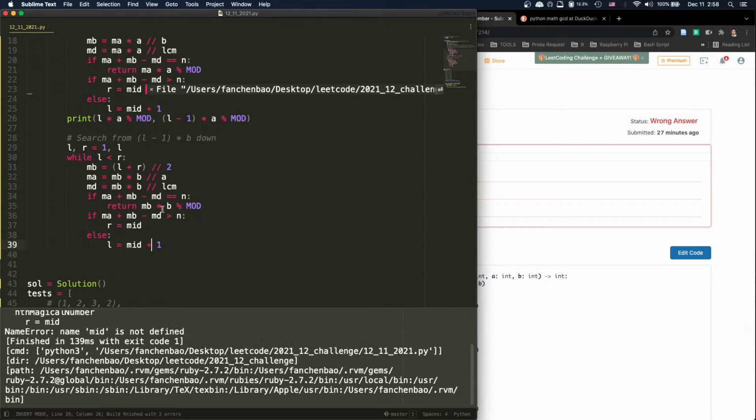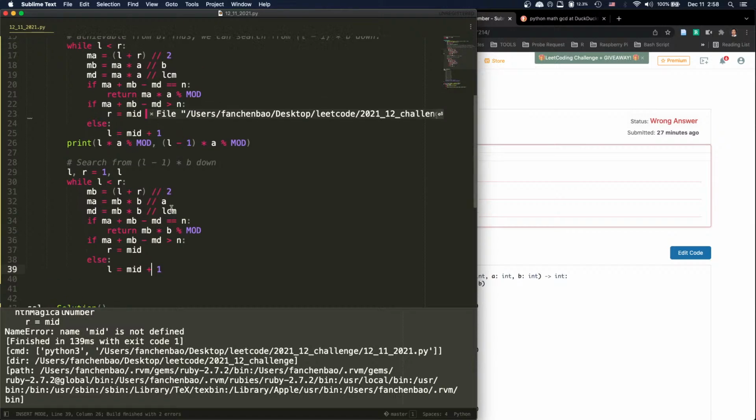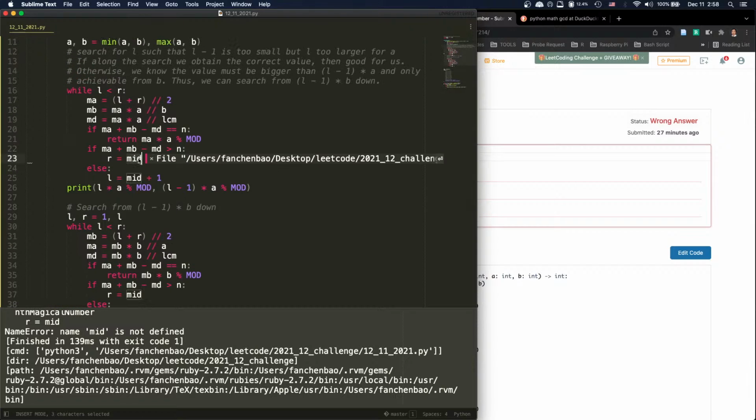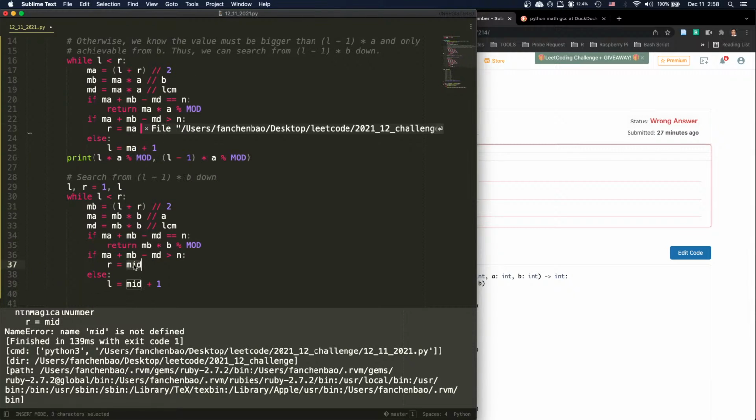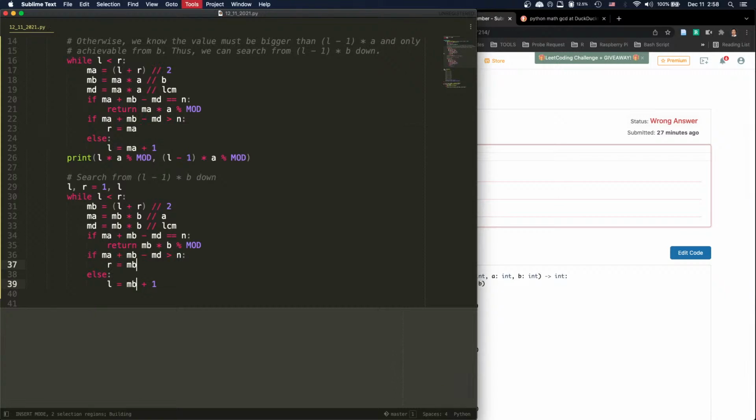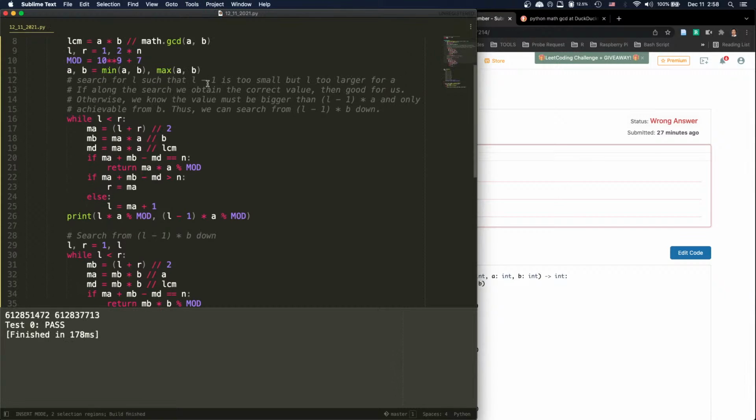Let's try this. Oh, there's no mid. MA. Right? And this is going to be both in the MB. There we go. 2 rounds. But L too large for A. Right?